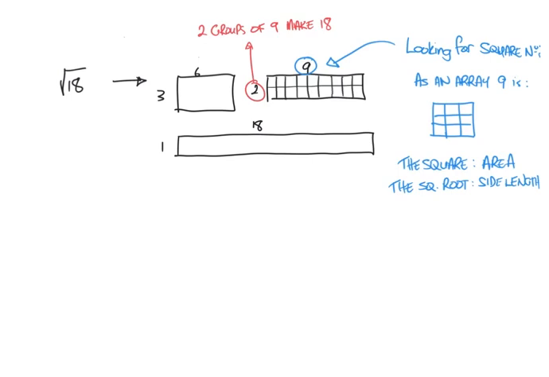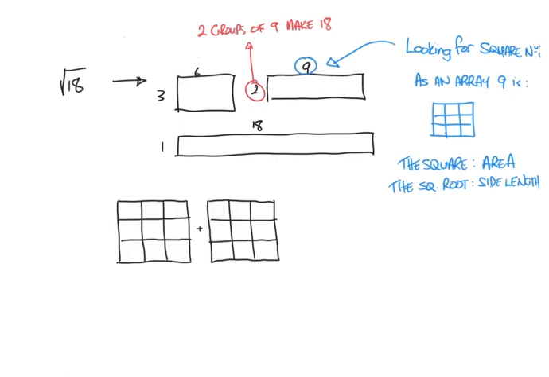Now, rather than representing 18 as 2 rows of 9 or 2 rows of 9 columns, we can represent it as the sum of 2 square numbers like this. So you can see here that we've moved back into that groups of model, where we've now got 2 groups of 9, 9 being that square number. And 9 plus 9, or 2 groups of 9, gives us 18.